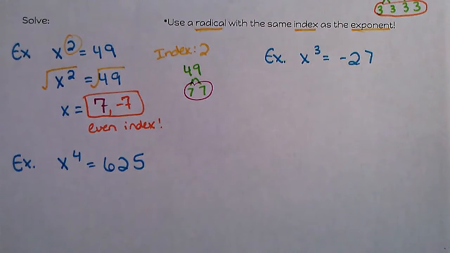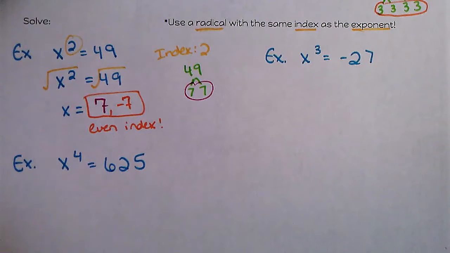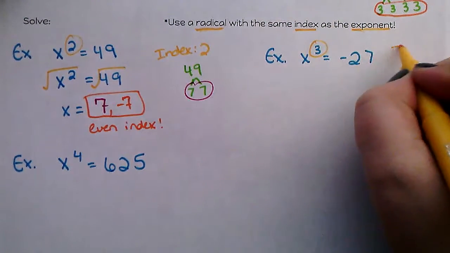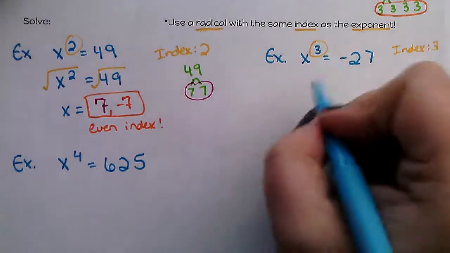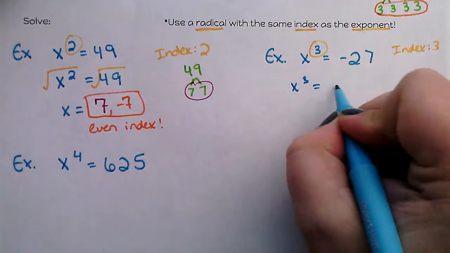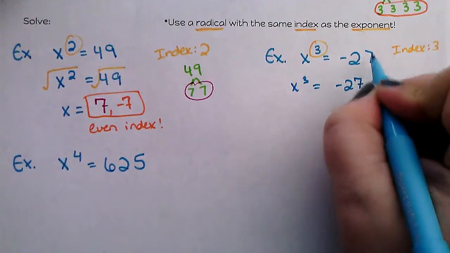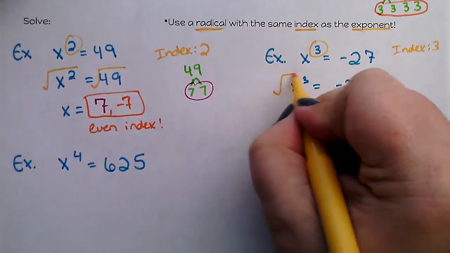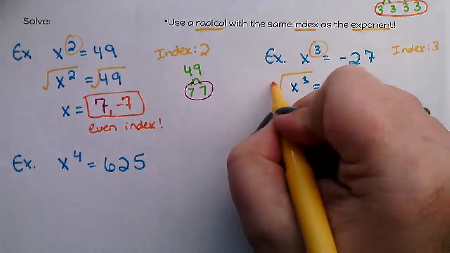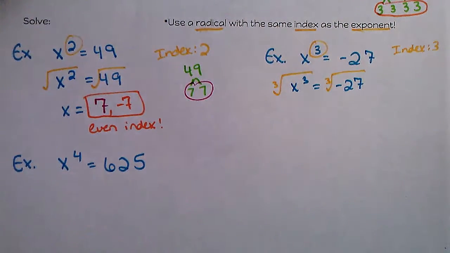And on this one, I have x to the 3rd, so my index is going to be 3. That's a 27. If my index is 3, I put a radical over both sides with a 3 in the index.